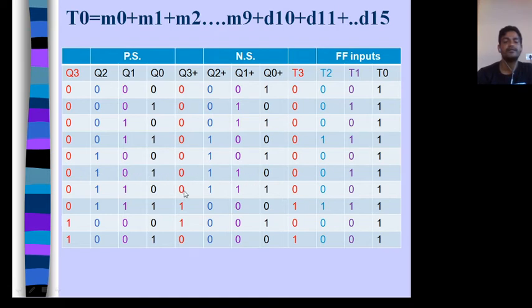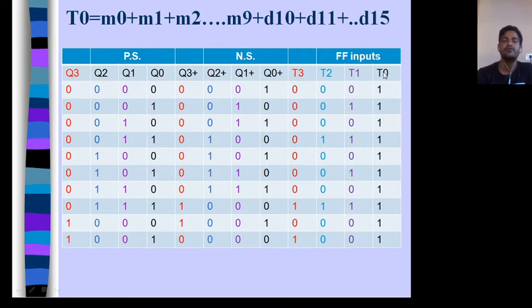The next state will be 6, then similarly 7, 8. Then 1, 0, 0, 0, 8. Next state will be 1, 0, 0, 1, which is 9. Then 1, 0, 0, 1, 9, what is the next state? 0, 0, 0, 0.